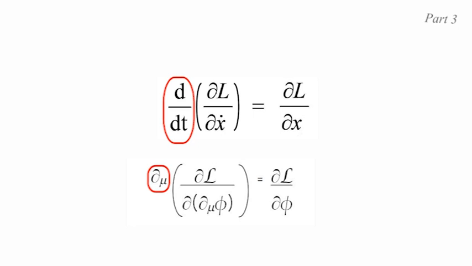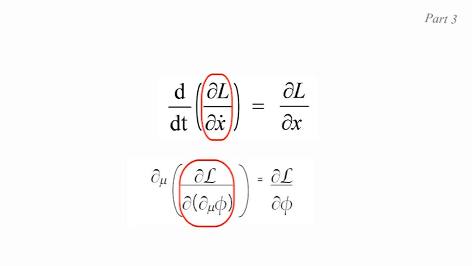That's the d mu. The differential of L with velocity, which is dL by dx dot, is now dL by d of the derivative of the field with time and space, a bit like the x dot was dx by dt. Think about it, it makes sense. The right hand side is easy to match up. We've just changed x for phi.